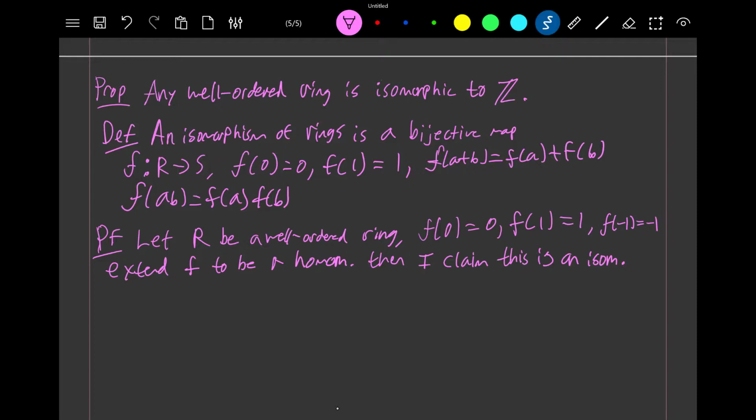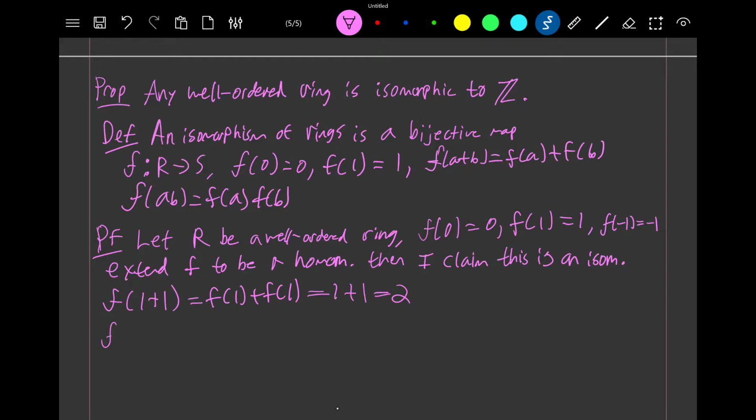So why is this an isomorphism? Well, we know 0 maps to 0, 1 maps to 1, -1 maps to -1. Here's a question. Does this define where everything goes? So when I say extend f, all I mean is we know where 0, 1, and -1 go. So I require that f of 1 plus 1 equal f of 1 plus f of 1, which is equal to 1 plus 1, which is 2.